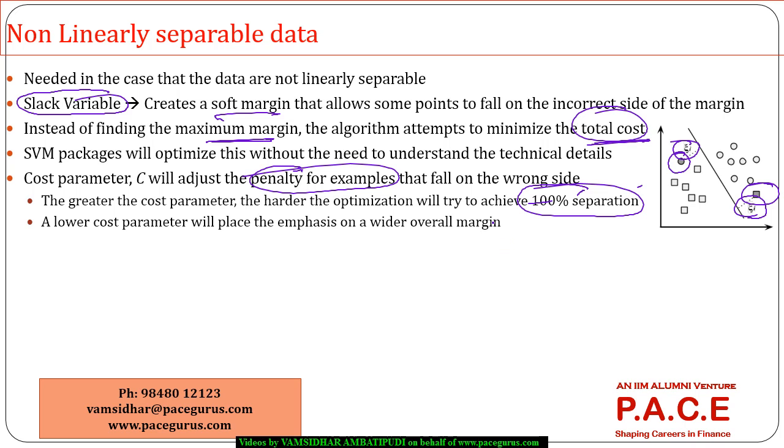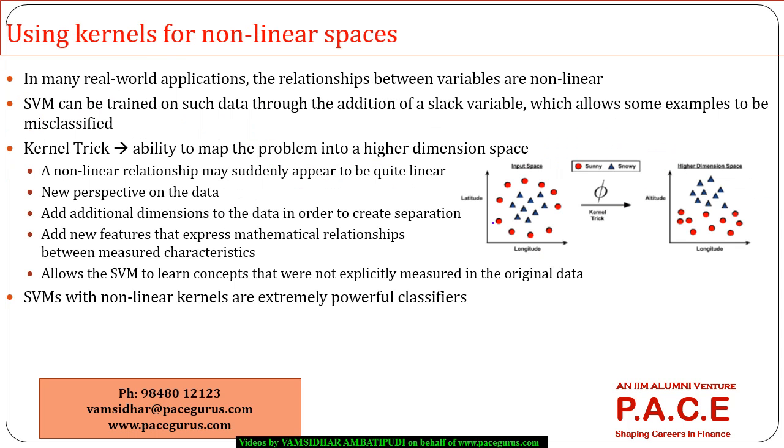So there is a good possibility that 100% optimization can very well be accomplished. So this is how the typical non-linearly separable data can be handled, but a much more comfortable way of handling non-linear data is the usage of kernels.